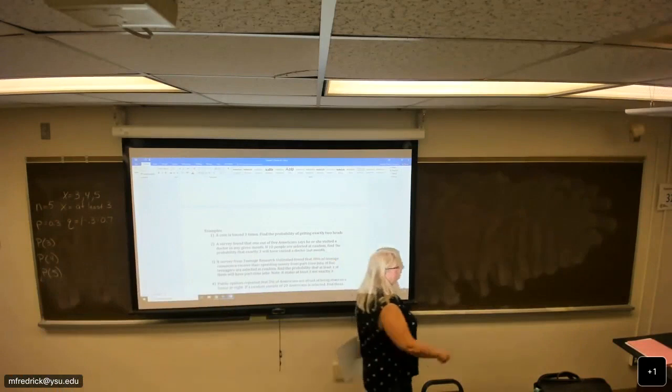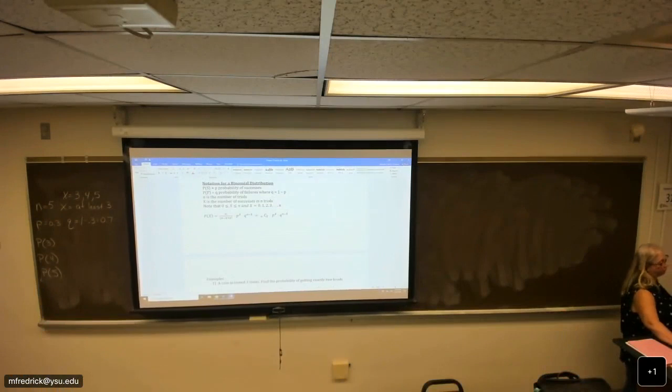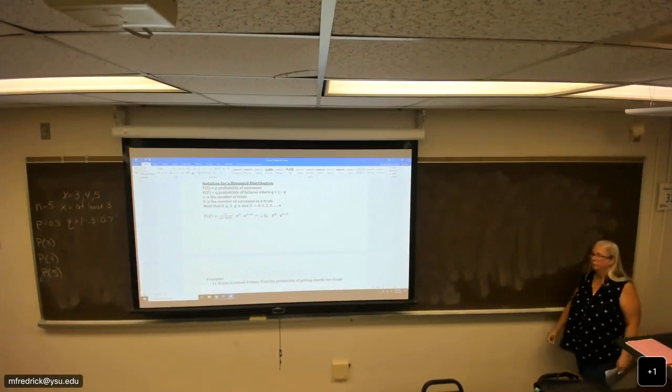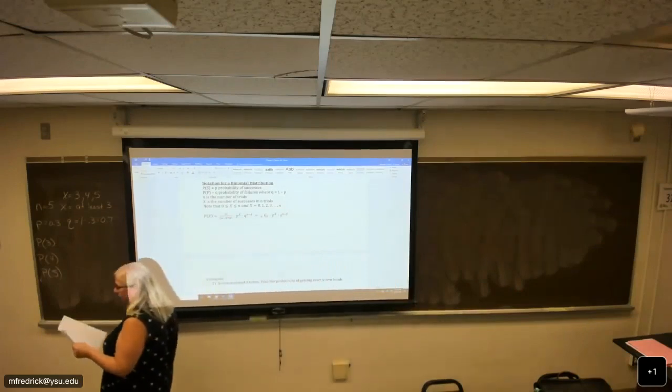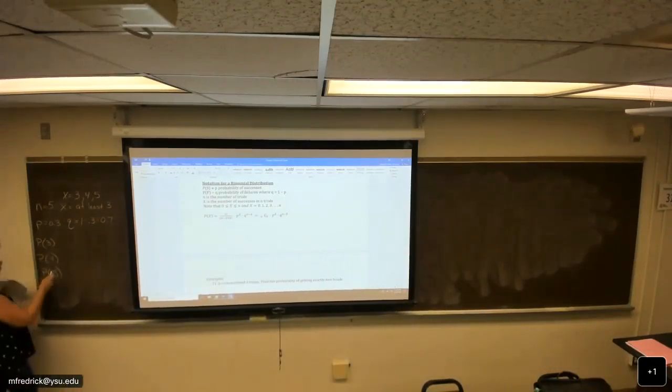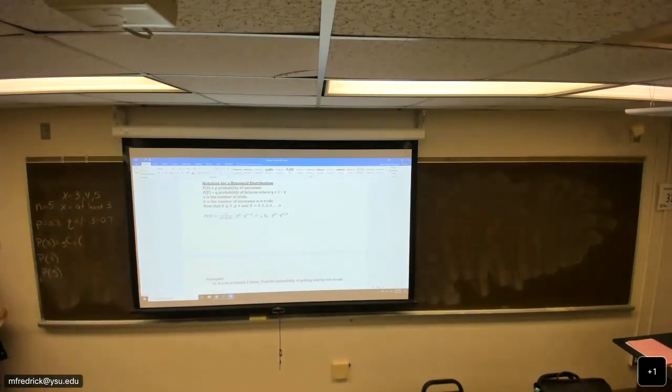I'll move the formula down in case you don't have it. Now, depending if you're using the combination from your calculator or this formula, that means the same thing. On Alex, if you click on the little calculator, it has the combination formula there. The first one, it's 5 choosing 3.